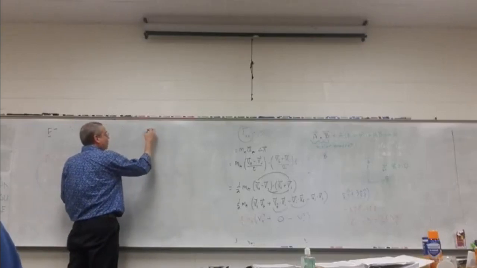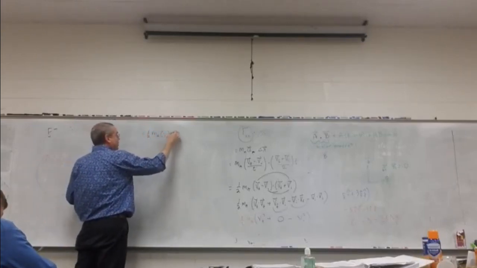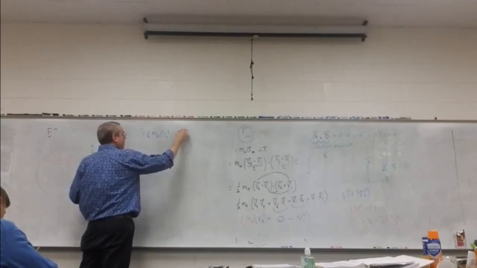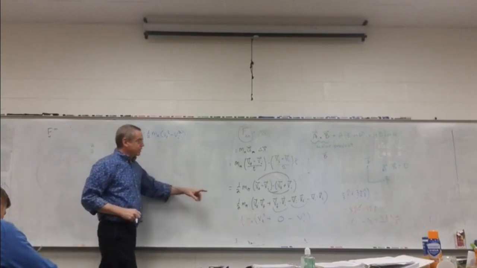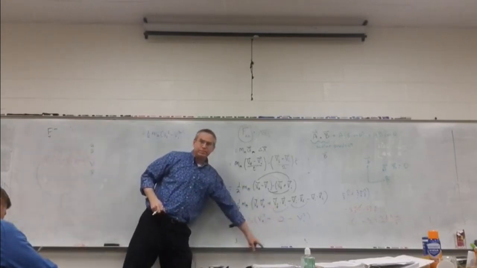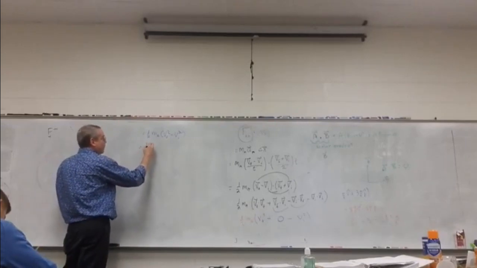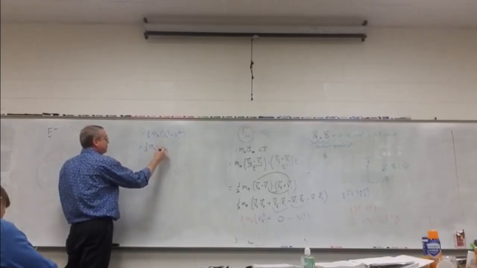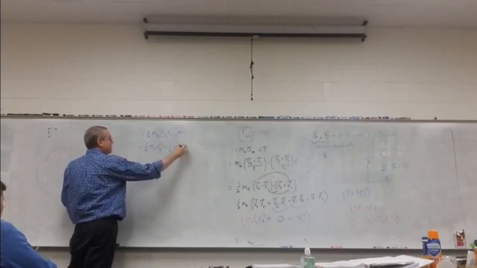So we now have 1/2 MA times VF squared minus VI squared. I want to emphasize we do not have the vectors in anymore. Once we did the dot product, the vectors disappeared. Taking that one step further, we have 1/2 MA VF squared minus 1/2 MA VI squared.